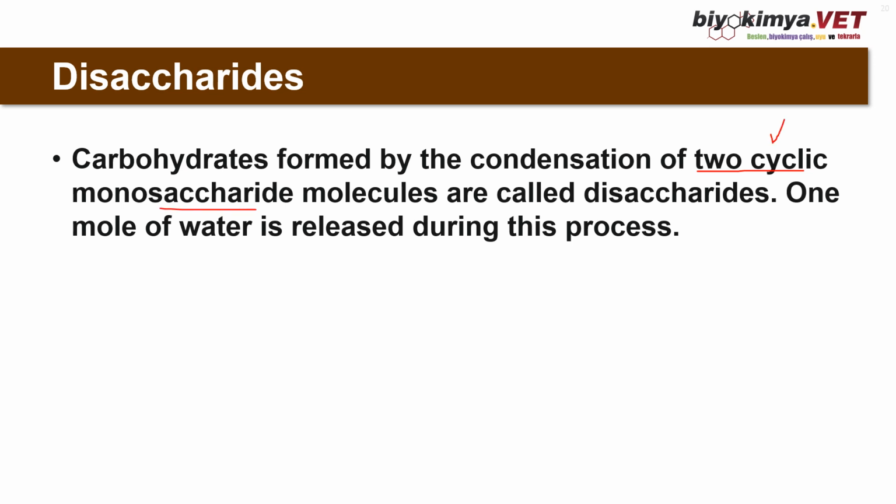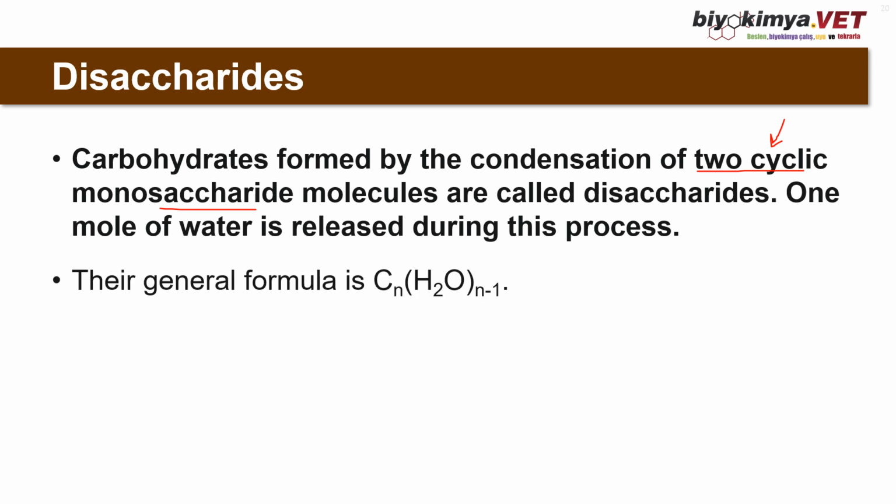This means for the cyclic monosaccharide structure, you should remember the Haworth projection. 1 mole of water is released during this process. And the general formula is Cn(H2O)n-1, because 1 mole of water is released during this process.